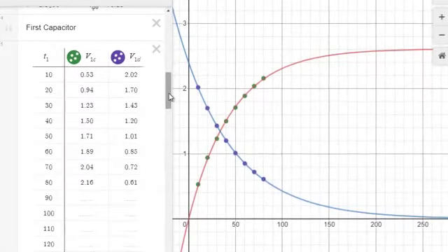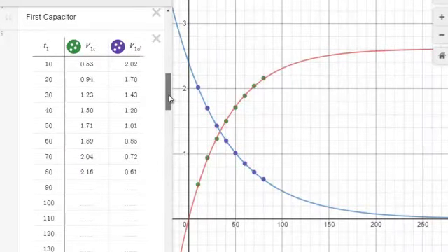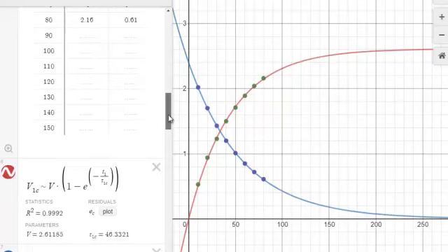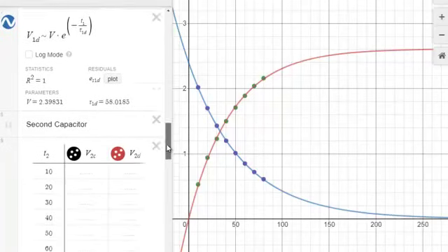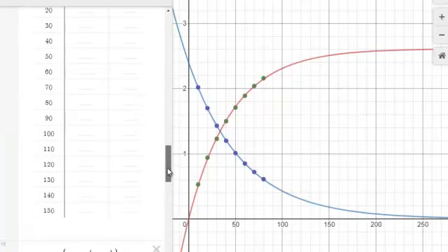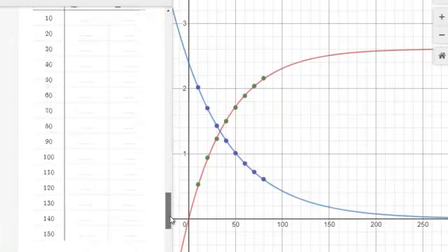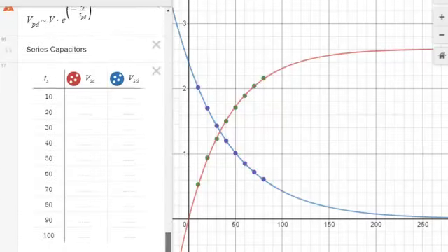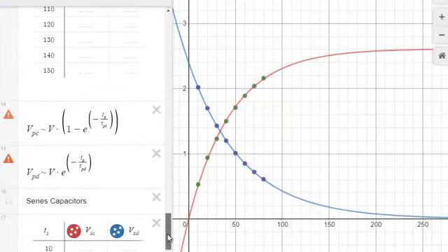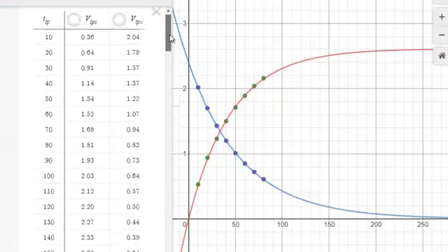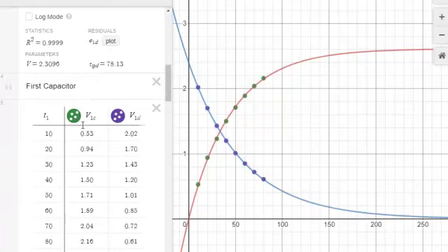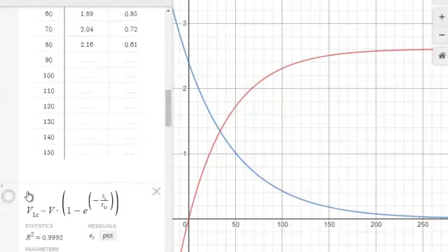Now, when you're done with this one here for the first capacitor, scroll down and you will see the second capacitor, and then the parallel capacitors, and then finally the series capacitors. And what I'm going to do now is I'm actually going to set it to the default. So I'm going to turn the first capacitor off. I'm not going to take the data out.